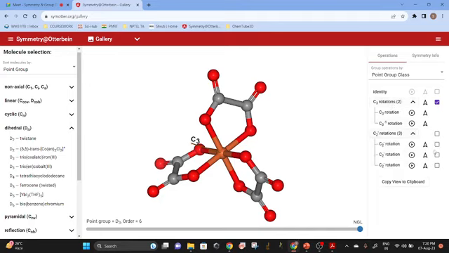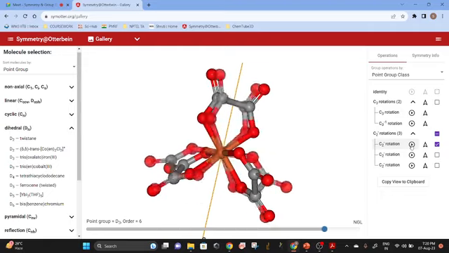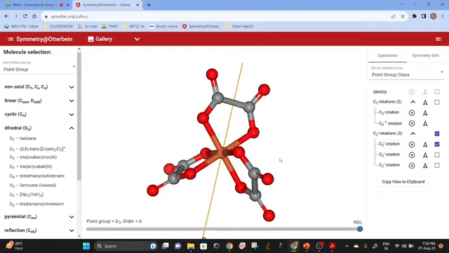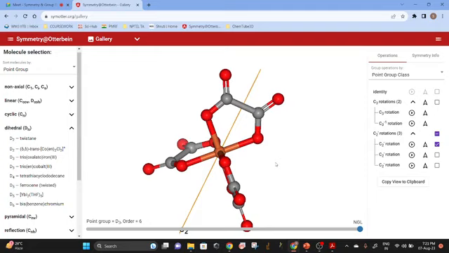I'll show you C2 first. Now see this. I'll hide this C3. Can you see where the C2 is passing through? Through the center of the ring and through nitrogen.